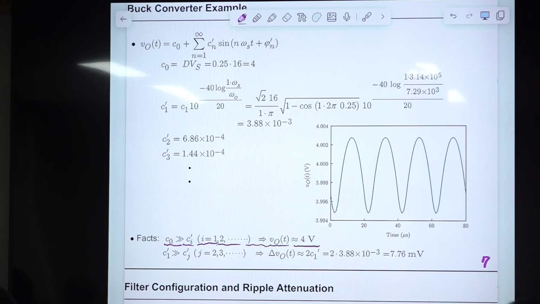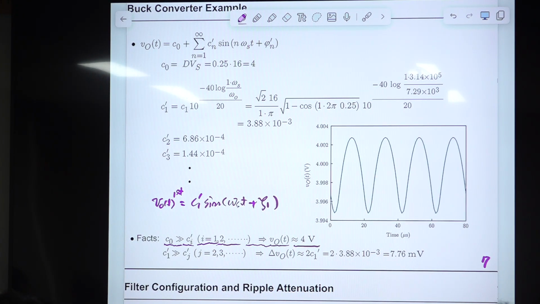Then consider the output voltage at the first harmonic frequency. At the switching frequency, the expression is C1 prime sin omega st, and there is some phase delay, but forget about phase. Okay, phase is nothing here.